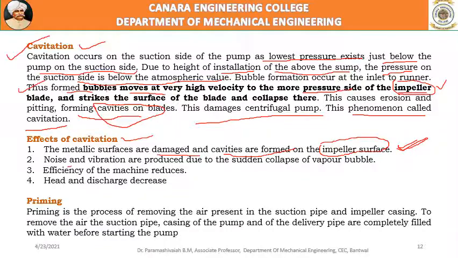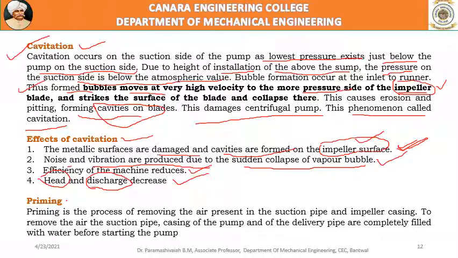Then noise and vibration are produced due to sudden collapse of vapor bubbles. Then efficiency of the machine reduces when the impeller is damaged. Head and discharge also decrease. Discharge is nothing but the amount of water pumped. Head is nothing but the height to which it is pumped.